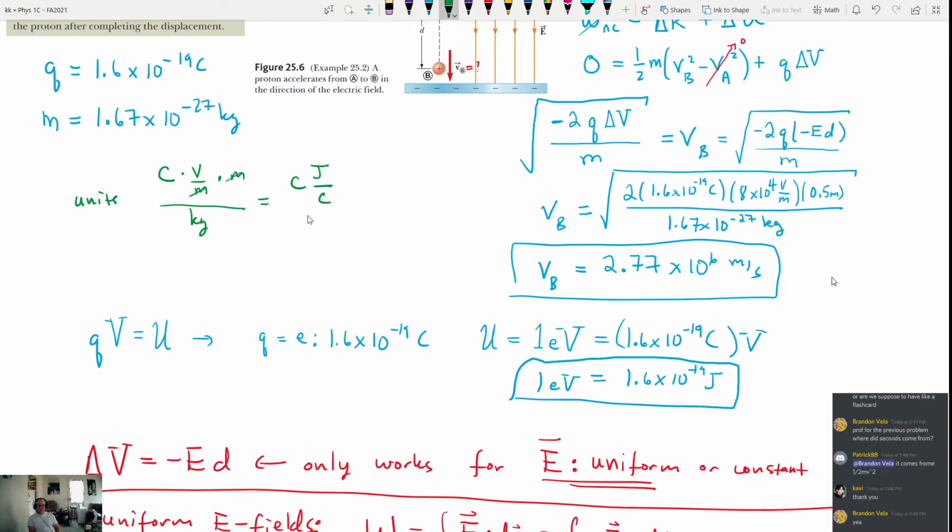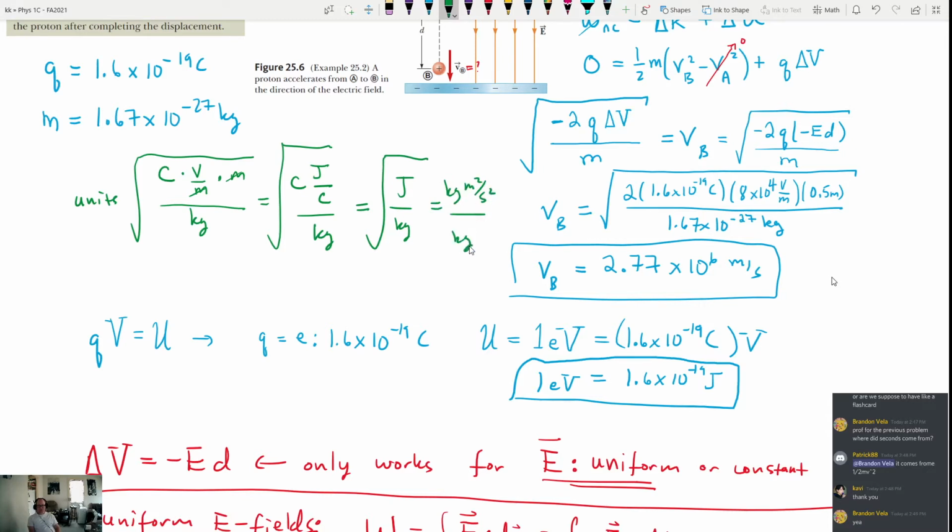These meters cancel. And this is equal to joule per kilogram. I forgot to mention that we're square rooting all of this. What's a joule? A joule is a kilogram meters squared over seconds squared over kilogram. You square root that and you get meters per second. Does that make sense, Brandon?